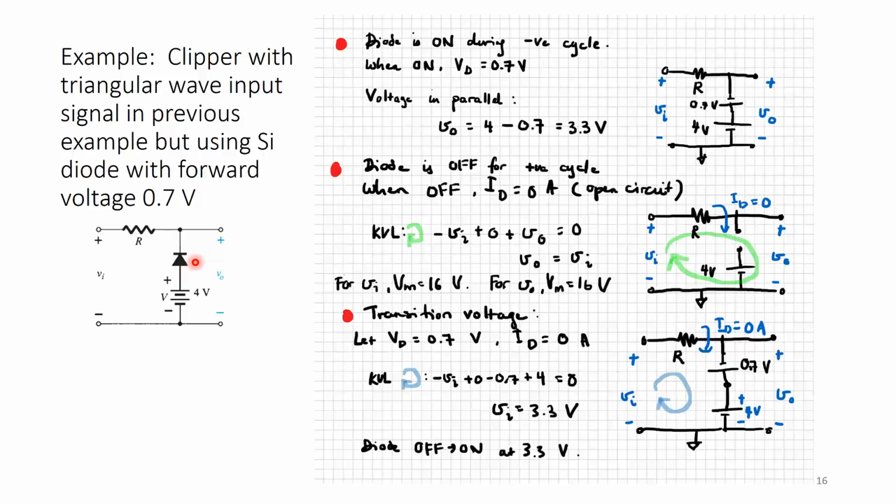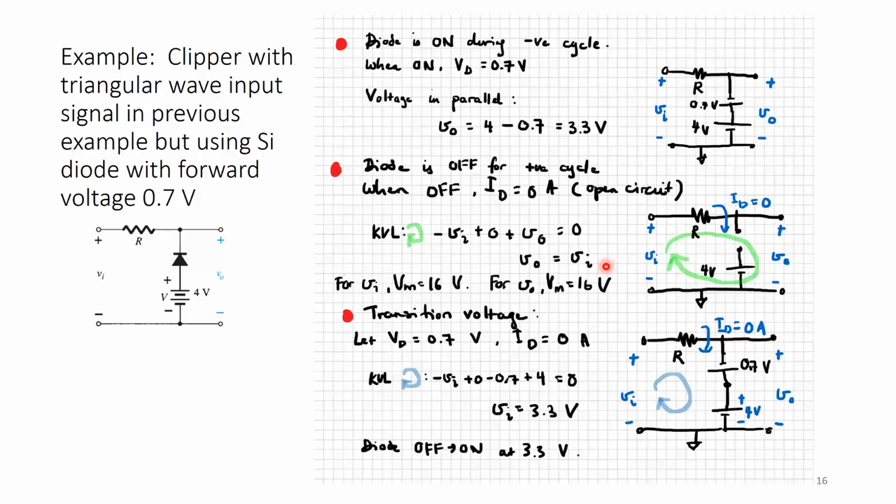Now I have 4 volts in series with a 0.7 volts source. So V out is going to be the total voltage drop across this path: negative 4 plus 0.7 plus V out equals 0, which gives me 3.3 volts. And when it turns off, V out is still equal to V in.